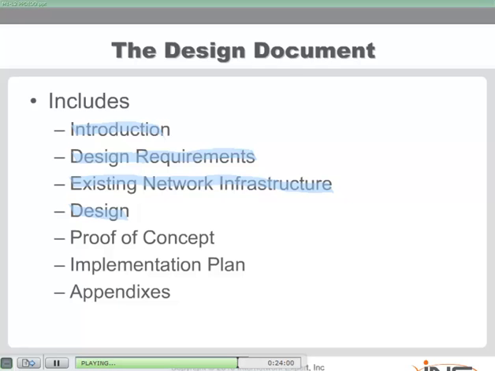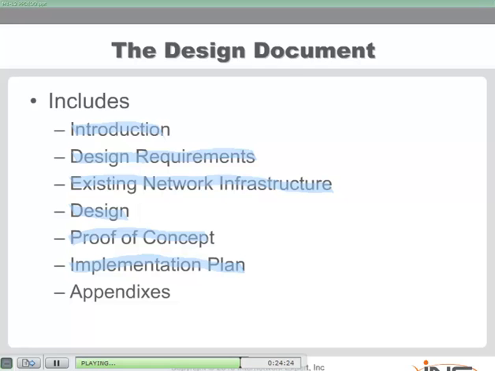Then we have the design itself. Okay, details of the design itself. We'll have the results of prototypes and pilots in our proof of concept section. And then, very important, the implementation plan. So we'll have the implementation plan, and we'll be talking about that more in a moment.